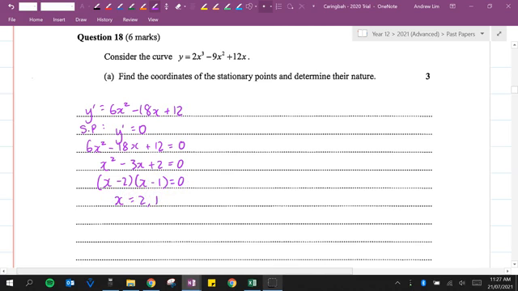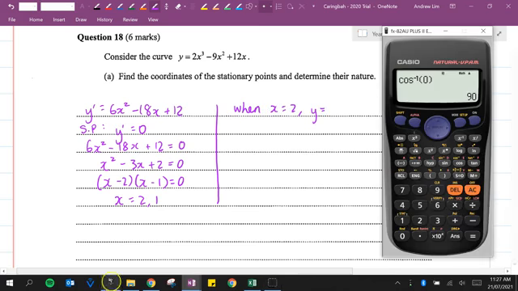Now, when x is equal to 2, y is going to equal, I'm going to sub that into the original function, 2 times 2 cubed minus 9 times 2 squared plus 12 times 2, which is 4.